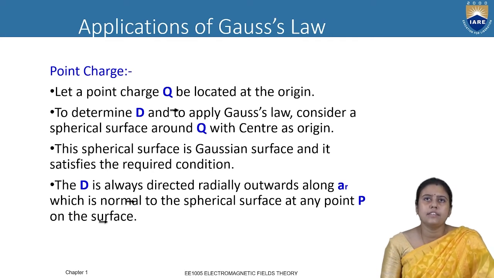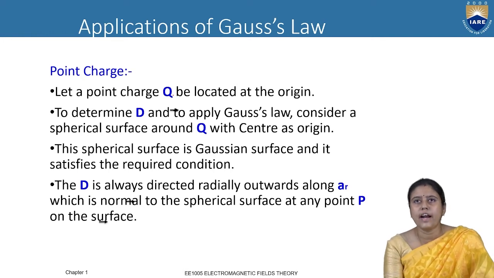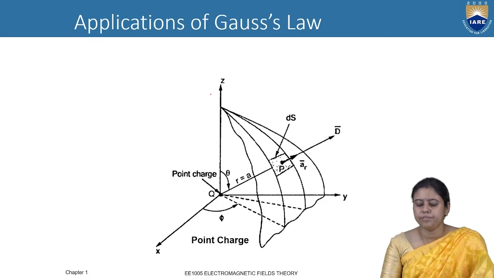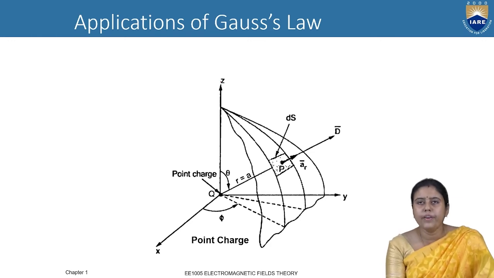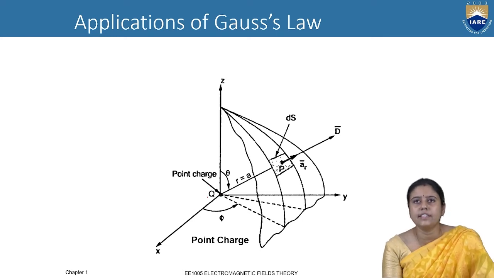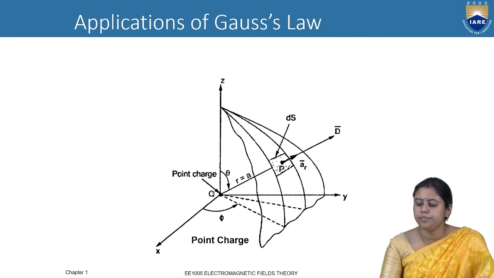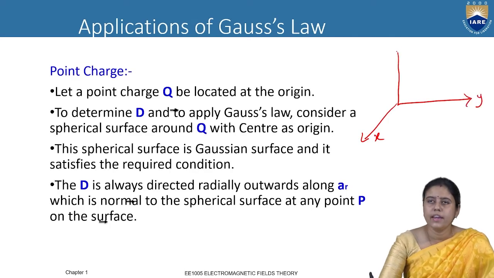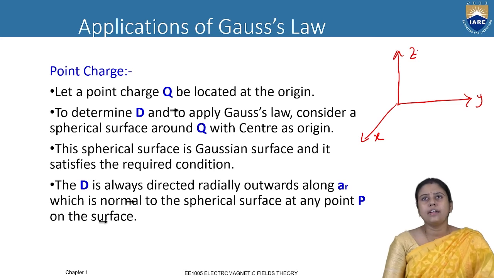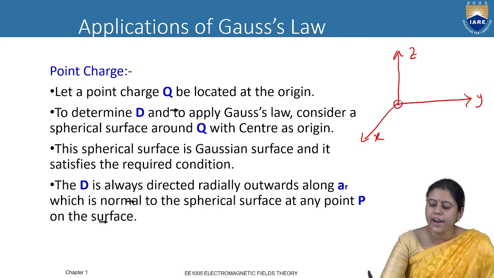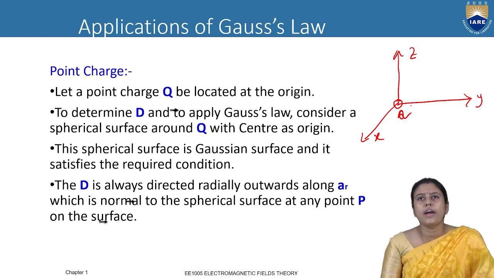We will start our discussion with the application of Gauss law for a point charge. How to prove the Gauss law using the point charge. Let a point charge Q be located at the origin. Please check this figure. We are assuming one charge Q is at the origin of X, Y, Z axes.